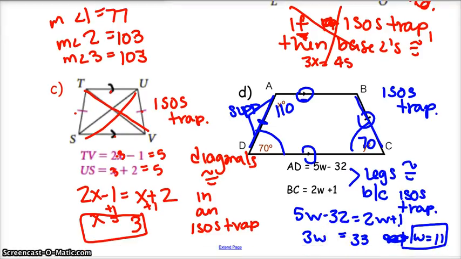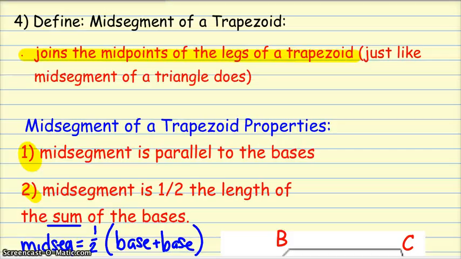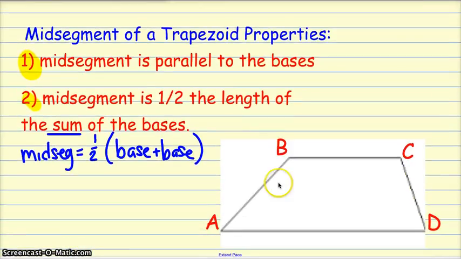All right, next section. So now we have another definition, and this is one that isn't totally new. We've talked about the midsegment of a triangle and that it goes across the triangle from midpoint to midpoint. The midsegment of a trapezoid does the same thing. It joins the midpoints of the legs of a trapezoid, just like that idea of a triangle. So if here is a trapezoid, and if it's not on your paper, I think it is, go ahead and draw it.